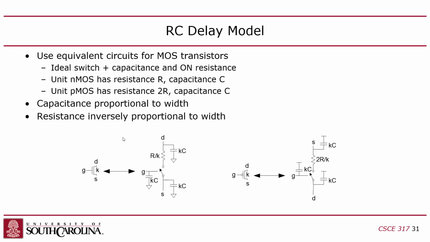Now, the only saving grace here is that remember, capacitors have two terminals. If you look at this PMOS, remember the PMOS is the pull-up network, right? Which means that the source is connected to VDD because that's how you pull up the output of the inverter, right?